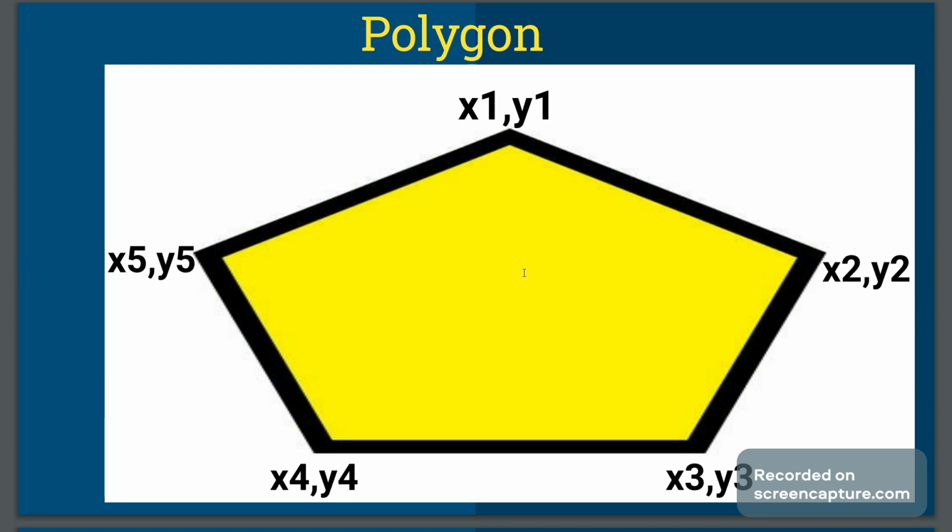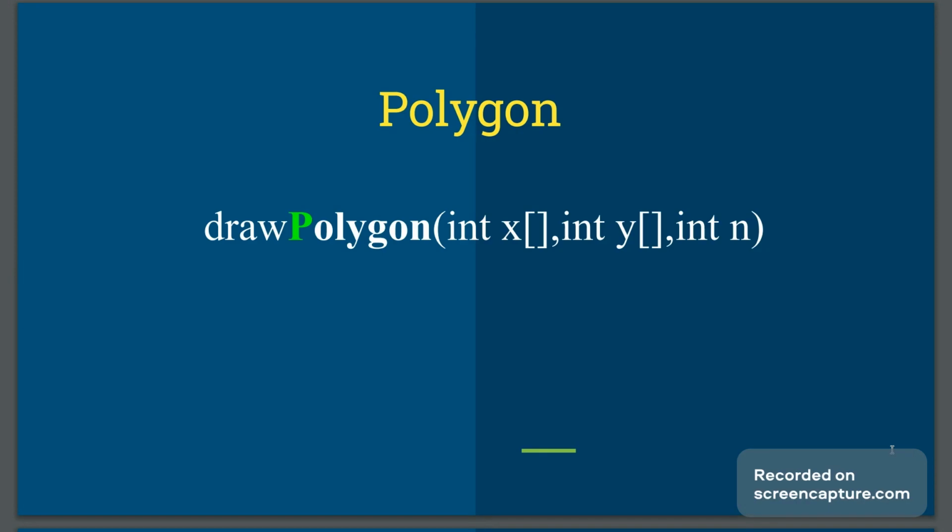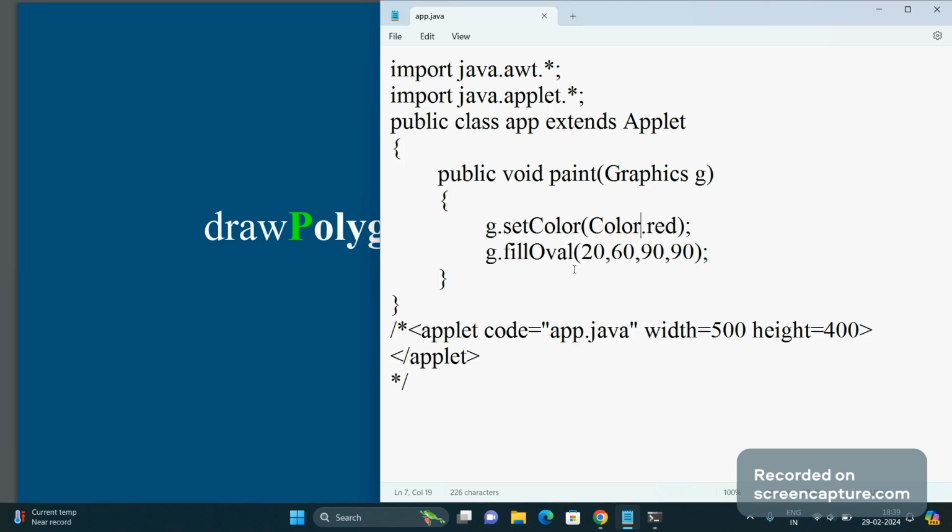For drawing this polygon, we need an array of x coordinates and an array of y coordinates, and we should know the number of points we want to draw for the polygon. For that we have the method drawPolygon, where P is capital, passing three parameters: x array, y array, and number of points. So we will make a change in the code.